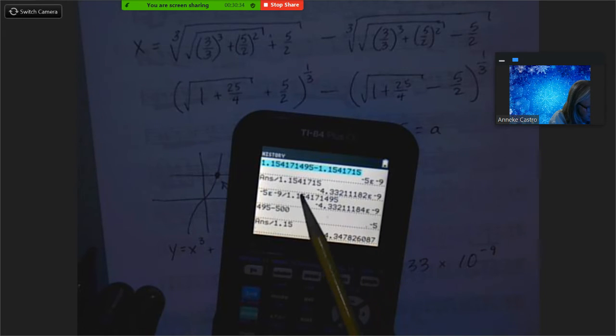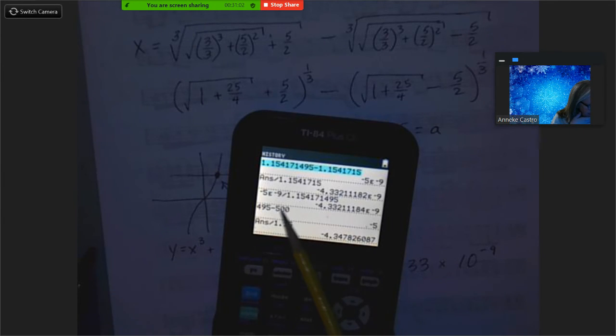And then I divided by the value from my graphing calculator, and I got 4.33211182 times 10 to the -9. That's a decimal. To change it to a percent, I would multiply it by 100, which basically would just change my exponent here. The exponent on the base 10 times 10 to the -9 would just change to the -7.